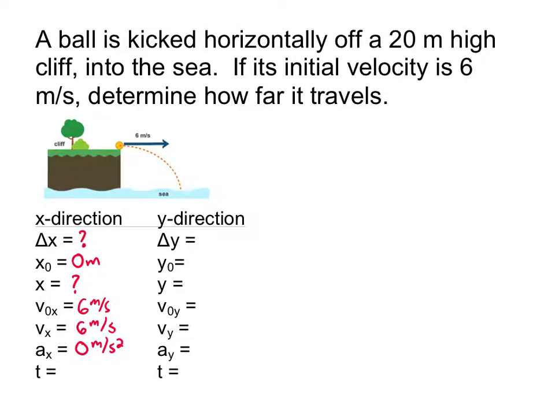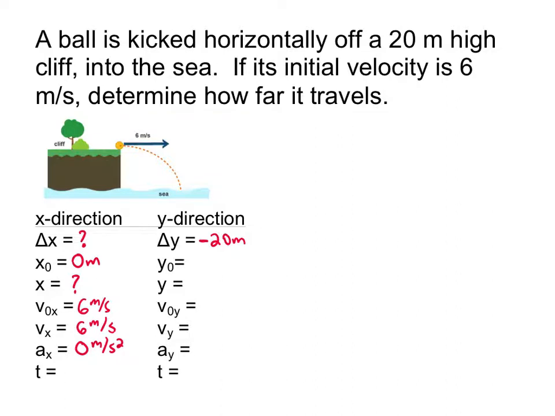Now let's move over to the y direction and see what we can figure out. We know that the cliff is 20 meters high, so our vertical displacement is going to be negative 20 meters because it's going to fall that distance.